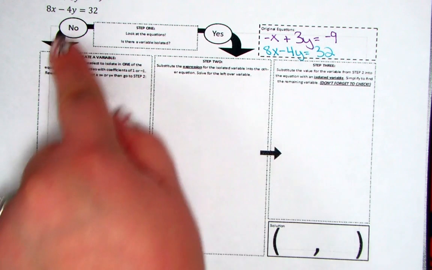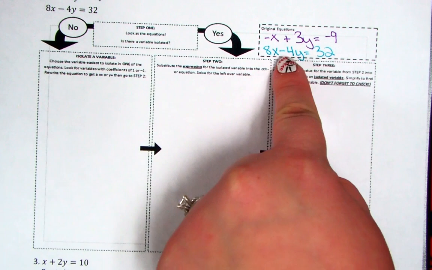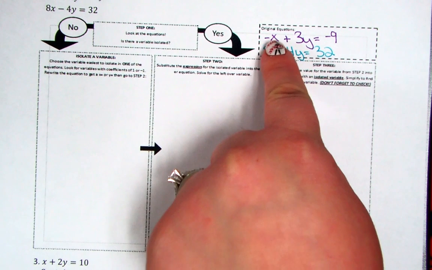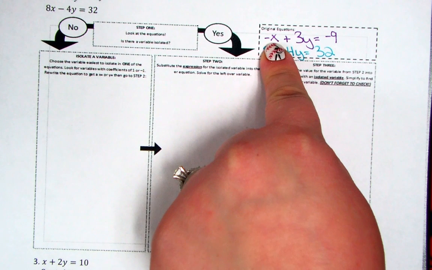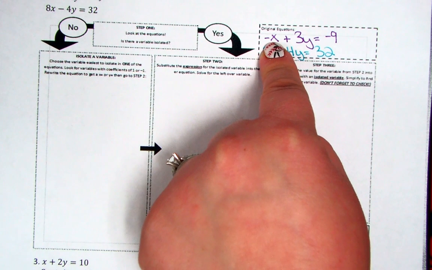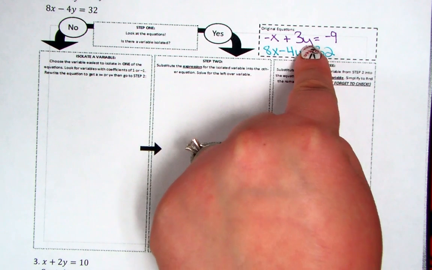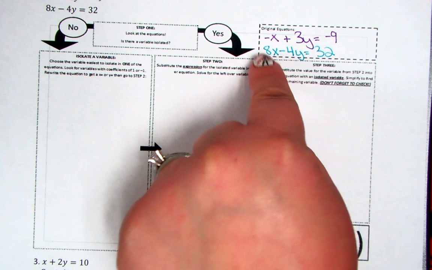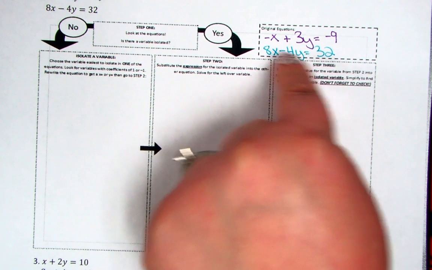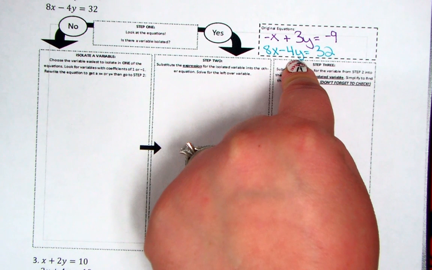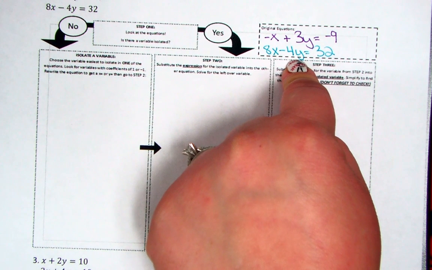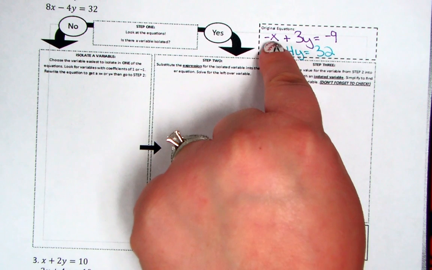No, there's not. But is there one that's easy to get by itself? Because we said no, we have to go here, and we have to find one that's easy to get by itself. This one, x only has a negative in front of it. The y has a number in front of it. This x has a number in front of it. This y has a number in front of it. So it looks like the easiest variable to get by itself is going to be this one right here.